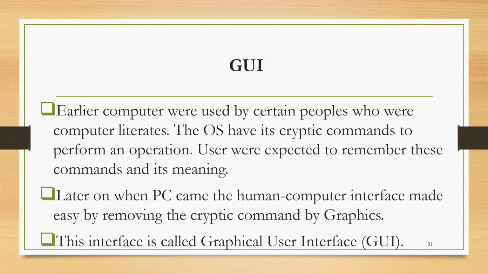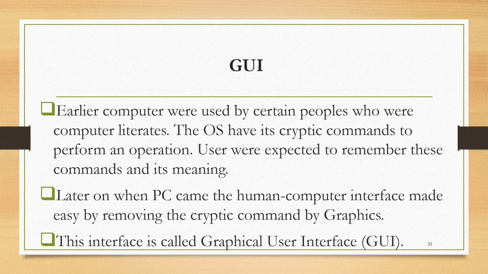It went for commercial uses. When it went for commercial uses, how would all these cryptic commands work? They cannot work. So what was required at that time was a good interface between the users and computers. From that, the concept of GUI came.